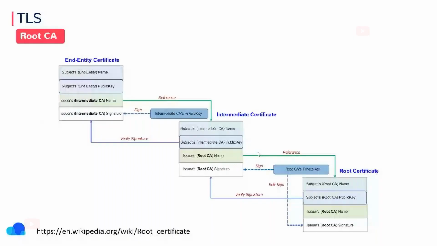A CA can have intermediate CAs that issue certificates on behalf of the actual CA. We call the main CAs root CAs, and if they use intermediate CAs, those intermediate CAs can actually issue certificates.